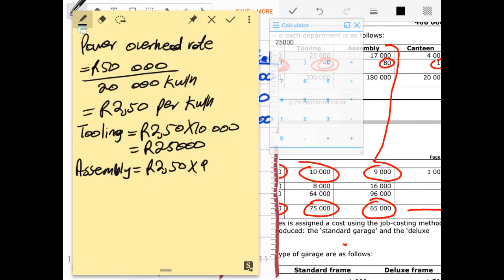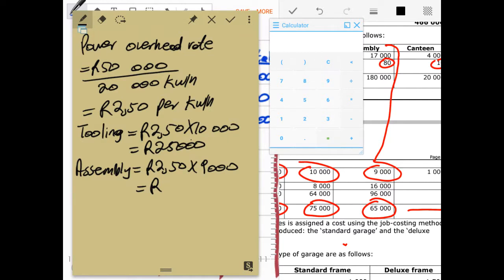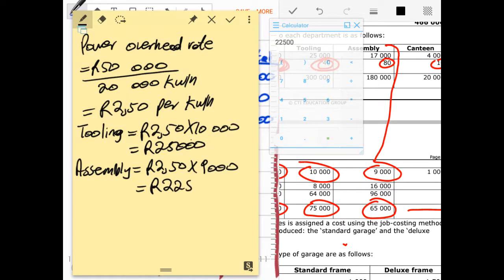So we multiply by 9,000. R2.50 times 9,000 will be the allocation of 22,500.